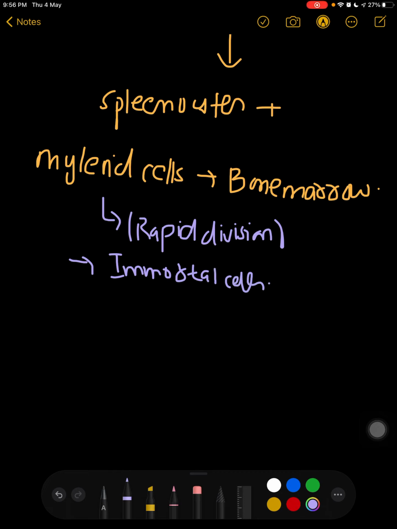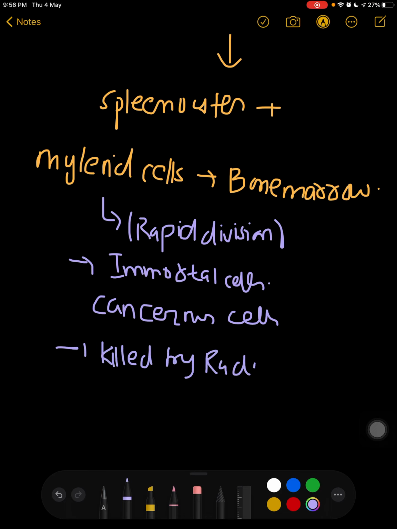They never die, because they are basically cancerous cells, but they can be killed by radiations. So this was the purpose of choosing both cells, due to these qualities.